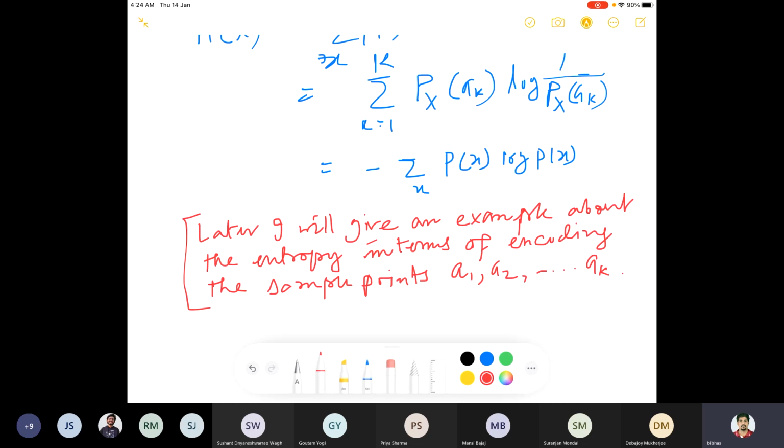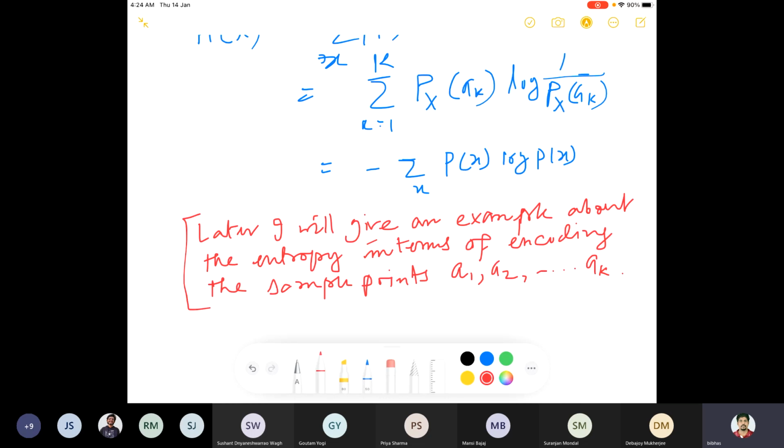Shannon said if you want to transmit A1, A2, AK, that means all the inputs, then you have to digitalize it. That means you have to use a string of 0s and 1s to transmit the symbols. If you want to transmit, let's say, A_i, you need to transmit a string of 0s and 1s corresponding to that A_i. So the question is, how do you define that string of 0s and 1s corresponding to a possible input A_i?